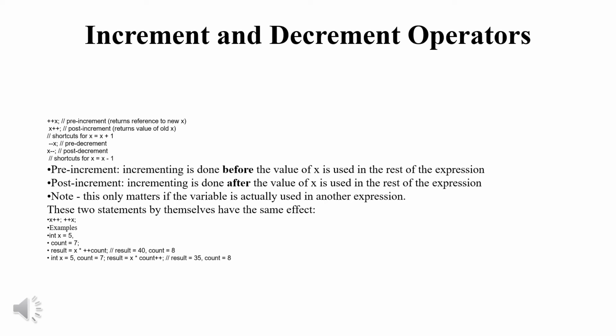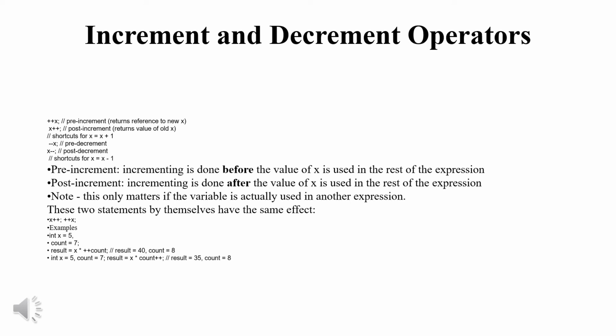The other way to write this type of operators is, instead of writing x equals x plus 1, you can write plus plus x or x plus plus. Or instead of writing x equals x minus 1, you can write x minus minus or minus minus x. So they all do the same task.